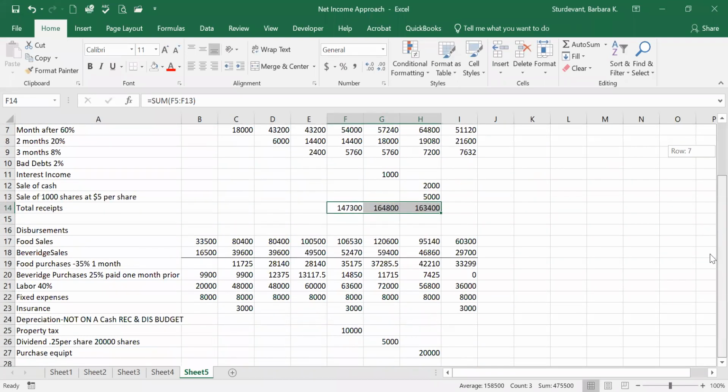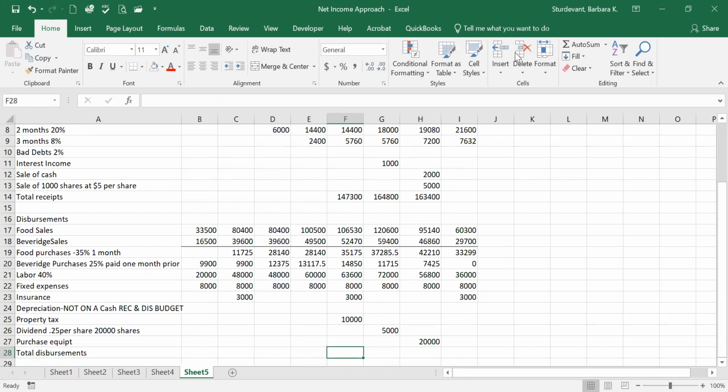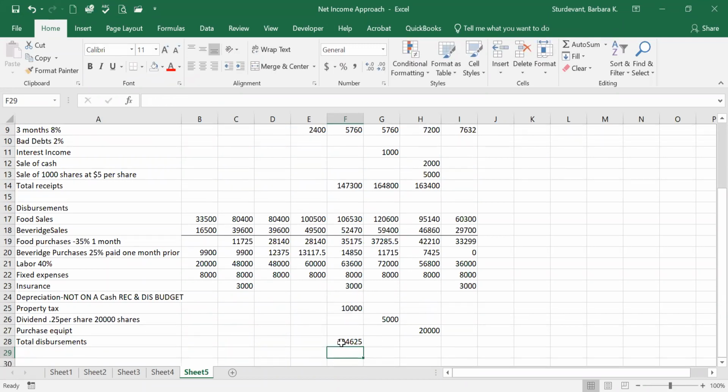I'm going to go down here. And again, I'm only going to total July, August, and September, and again, from the line down.